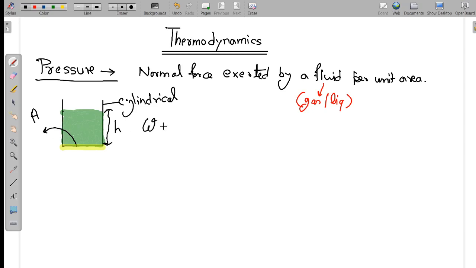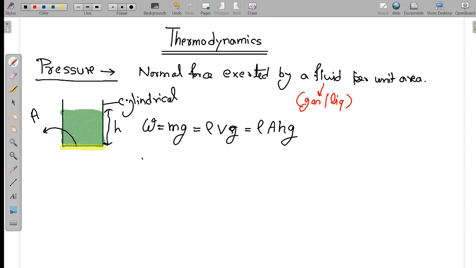Weight W is equal to m into g, where mass can be replaced by density into volume, into g. Now we know that the cross-sectional area is capital A and height is h, so volume can be replaced by A into h, into g.